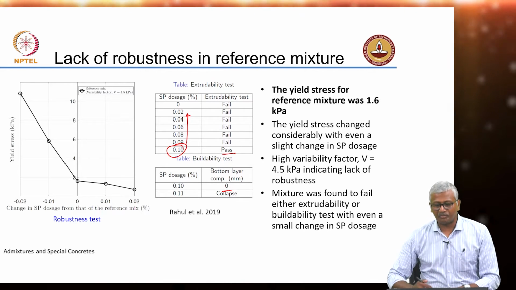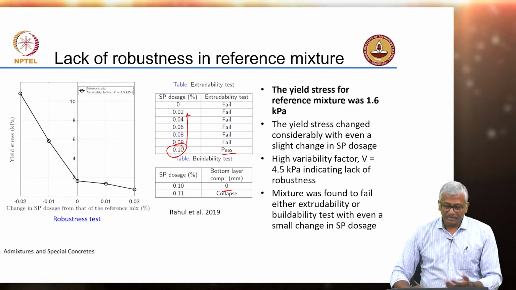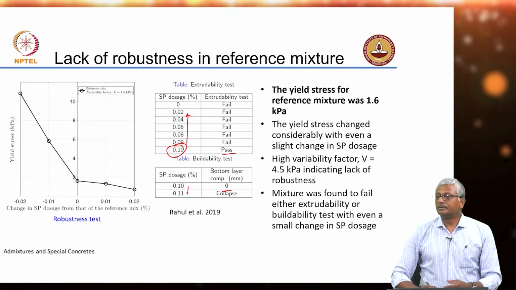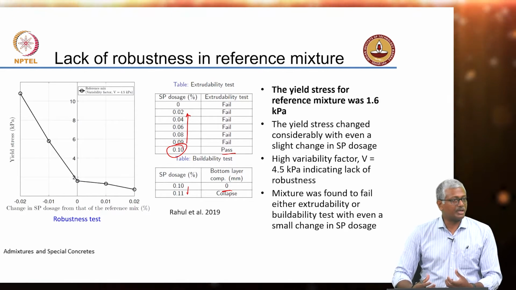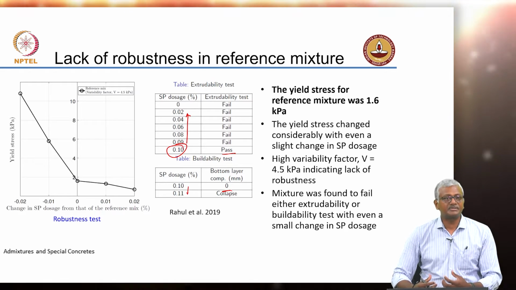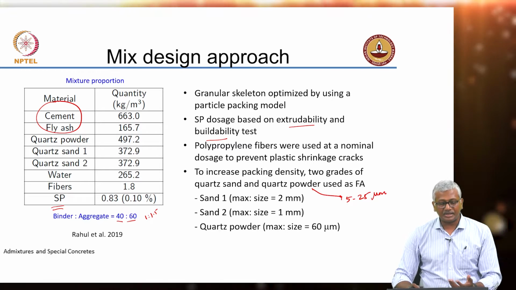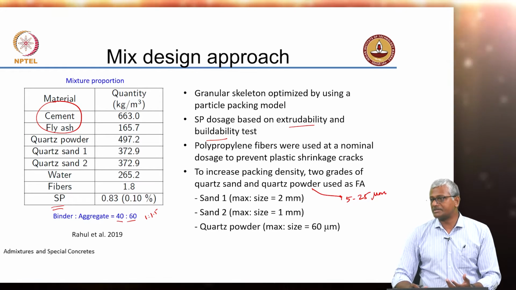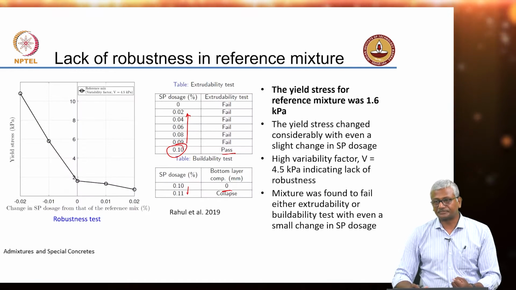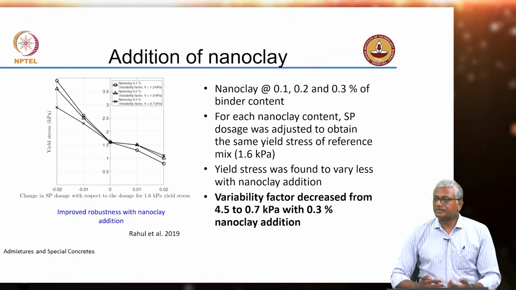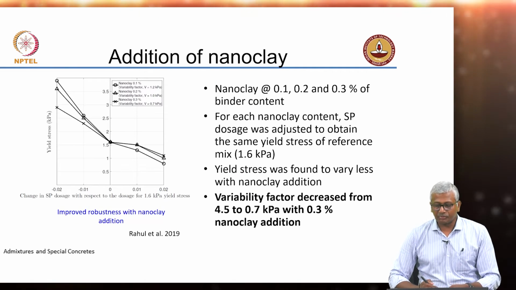And when the SP dosage increased beyond 0.1, the mix was not able to retain its shape, it collapsed. So that means it's failing in the buildability test. In other words, when you make the design like this without any additional additives, with just a superplasticizer, it is not robust enough. So to increase the robustness, we added some nanoparticles like nanoclay, for instance.